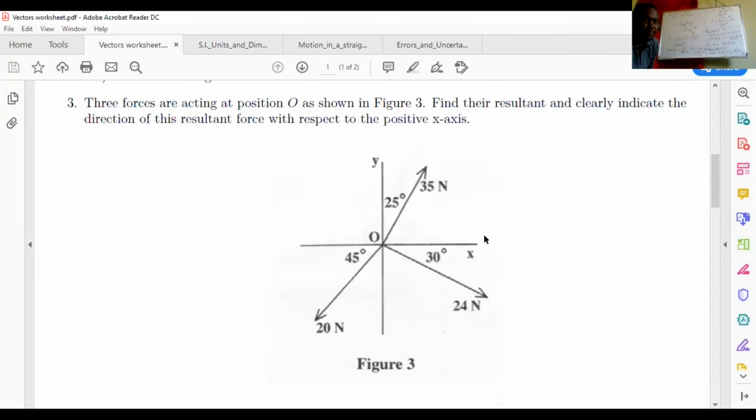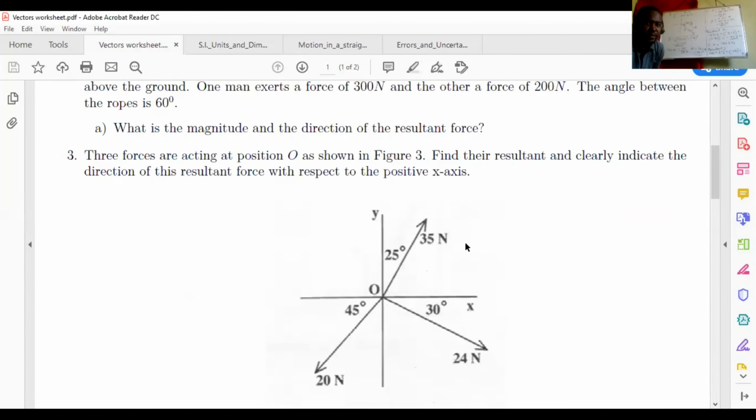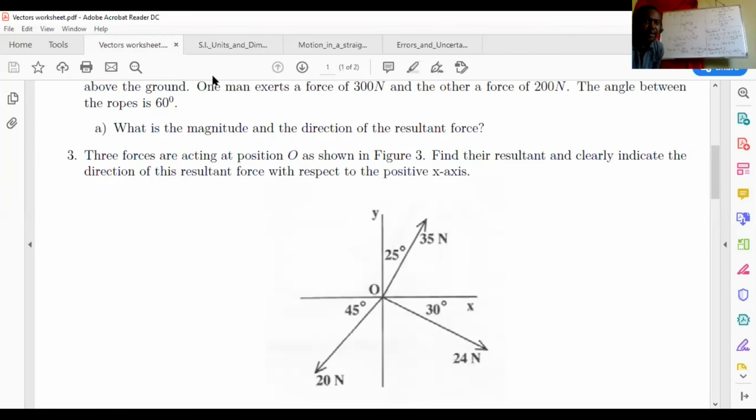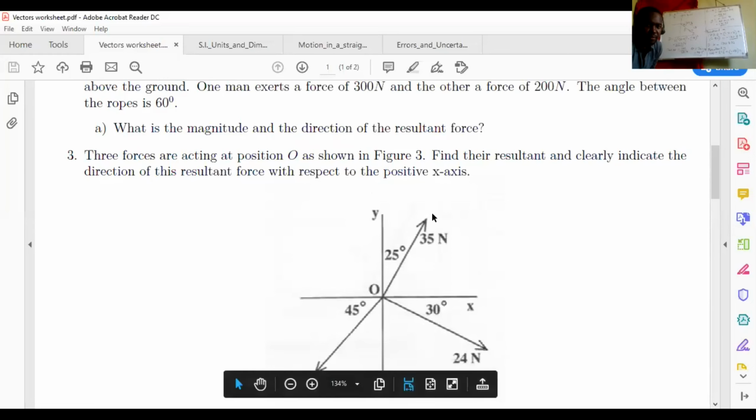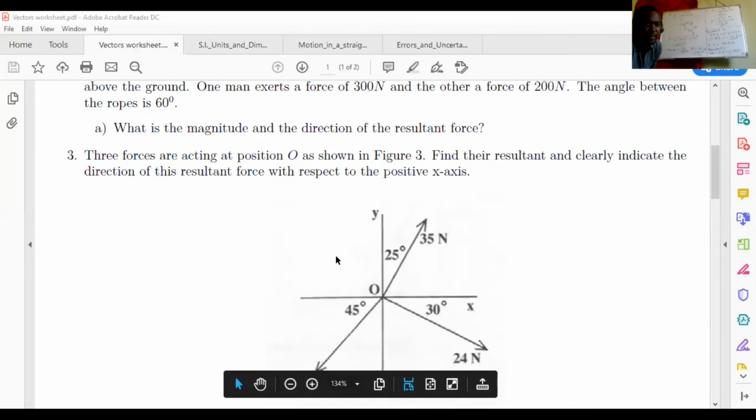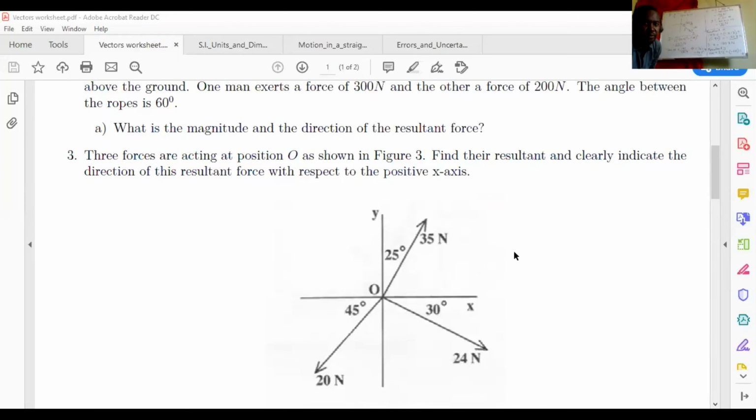All right, so since question 3 is just like that, I'm going to give you the chance to do question 3, and then you tell me the answers you get. So it says three forces acting on O, shown in figure 3. Find the resultant, and clearly indicate the direction of this resultant force with respect to the positive x-axis.